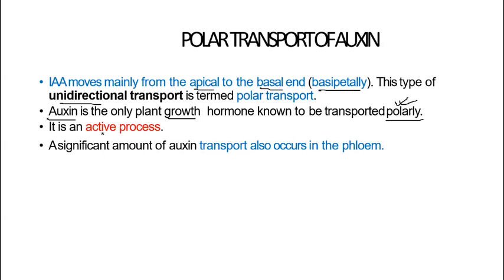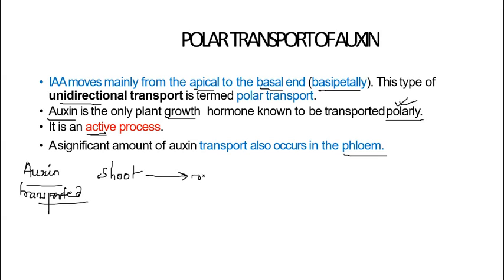Now the transport of auxin from the shoot tip towards the base is an active process. It requires energy. Now this transport of auxin occurs through the phloem also, and a little amount. If auxin is transported from shoot to root, then the vascular system involved is phloem.